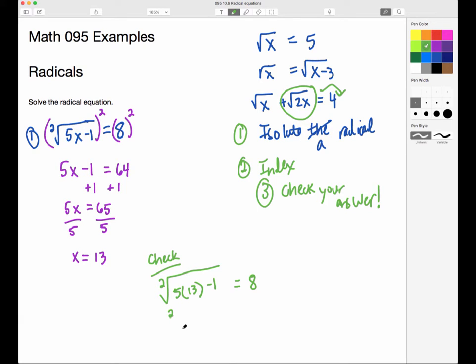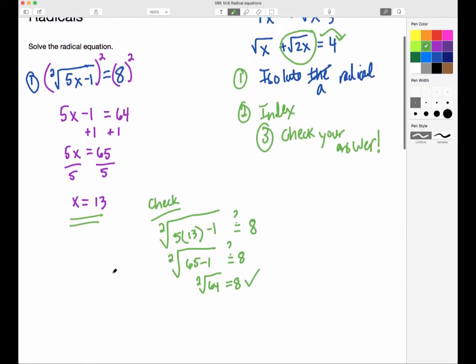So I'm taking the square root of 5 times 13, so that would be 65, minus 1, does that equal 8? I'm going to put little question marks because we're trying to figure out if they are equal. The square root of 64, does that equal 8? It does. So we have correctly solved our problem, and x does indeed equal 13.